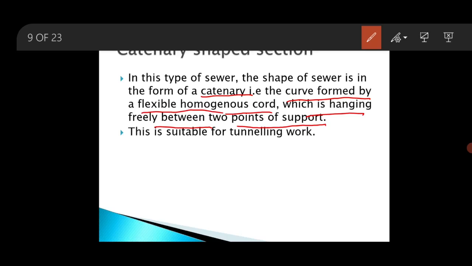Here there is no other force acting upon the sewer except the force of gravity. So this shape of sewer is suitable for tunneling work.